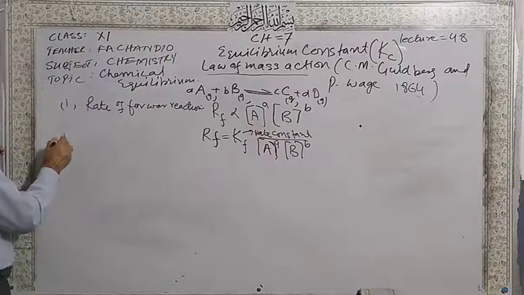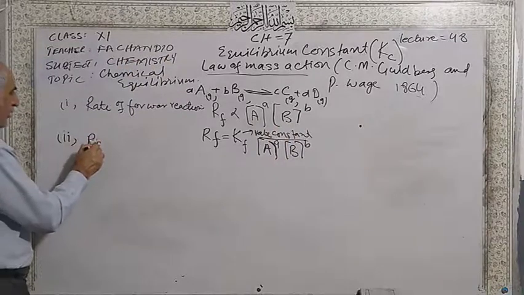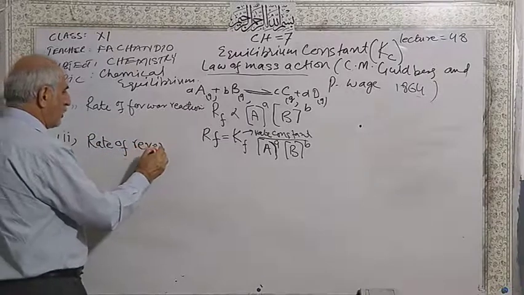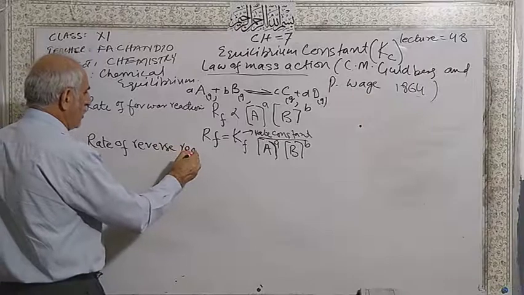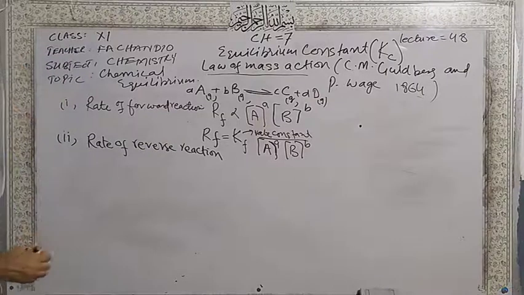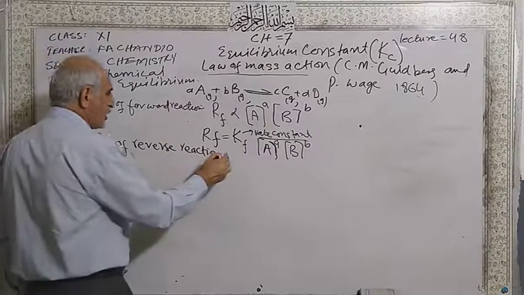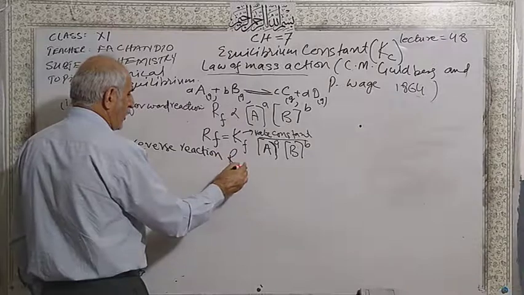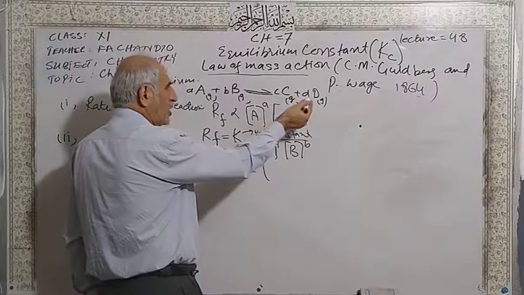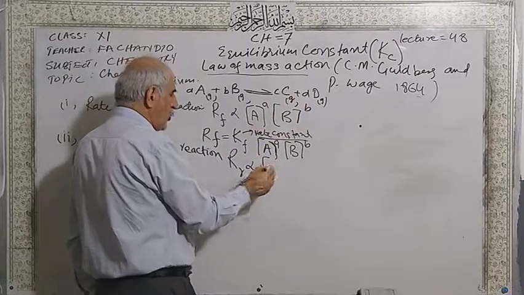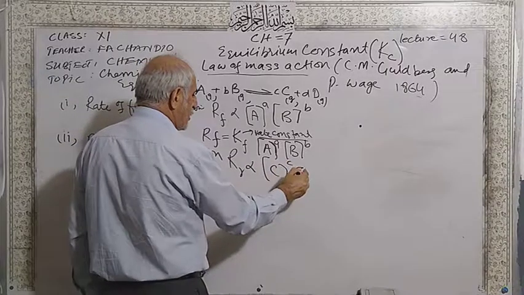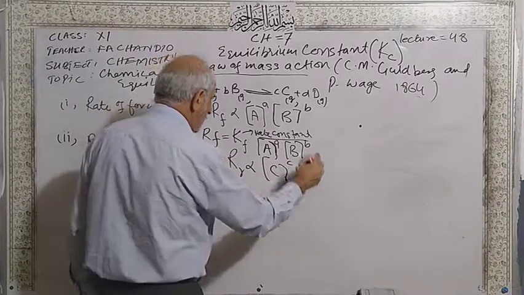Same case, number 2, the rate of the reverse reaction. The rate of the reverse reaction is directly proportional to the concentration of the products raised to the power of the coefficients in the balanced chemical equation, the concentration of C to the power c and the concentration of D to the power d.